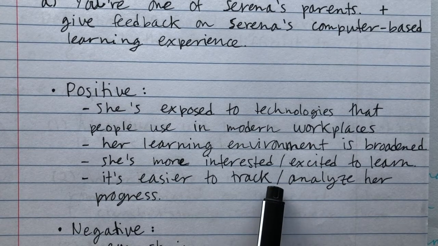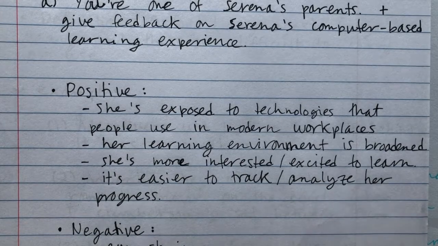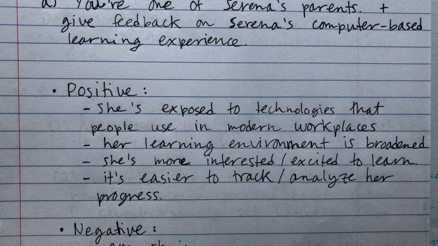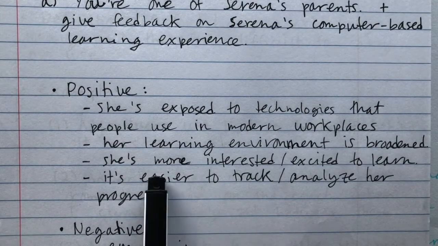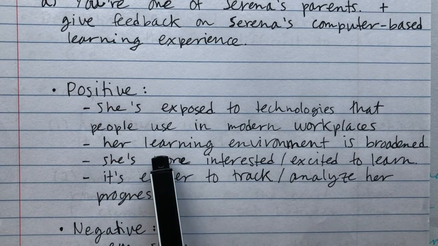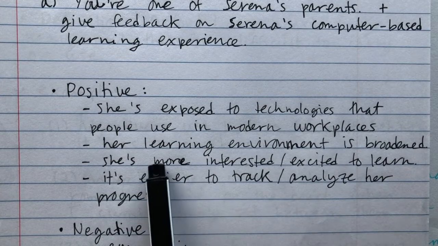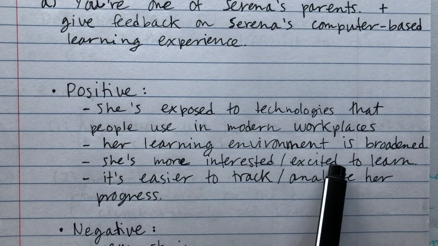But with a computer, you can add an image on the background. You can do a lot of things with computers, right? And personalize it to your liking. So you can give the positive feedback that with everything that she can do with the computer, and think of concrete examples, she's more interested and excited to learn.